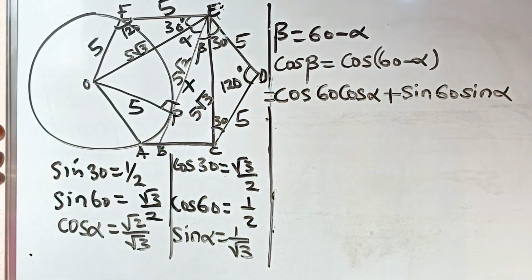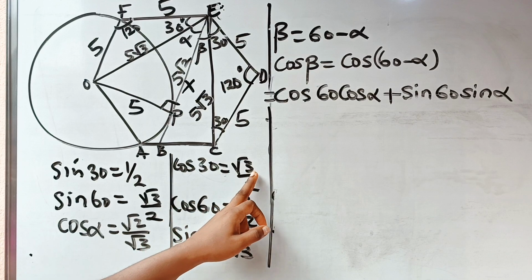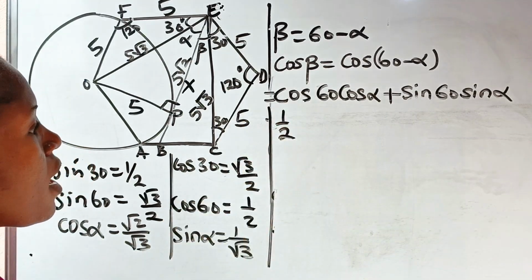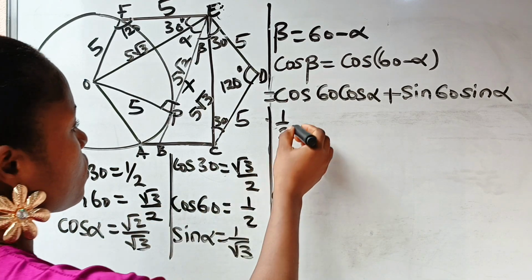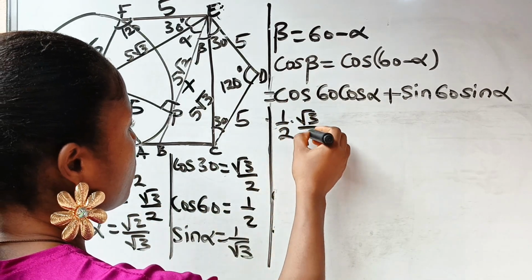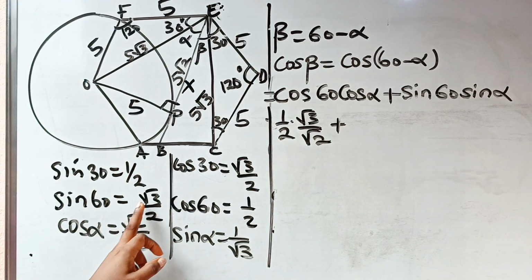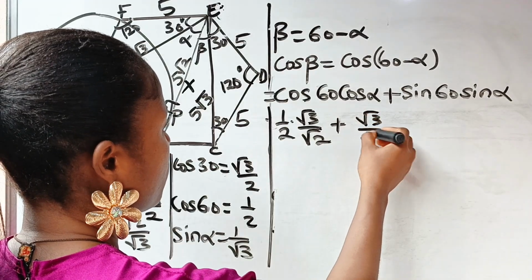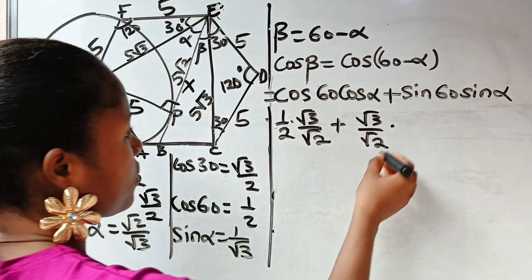All right. Now cos 60 is what? Cos 60 is half. And cos alpha is root 3 over root 2. Plus sine 60 is root 3 over root 2, multiplied by sine alpha is 1 over root 3.